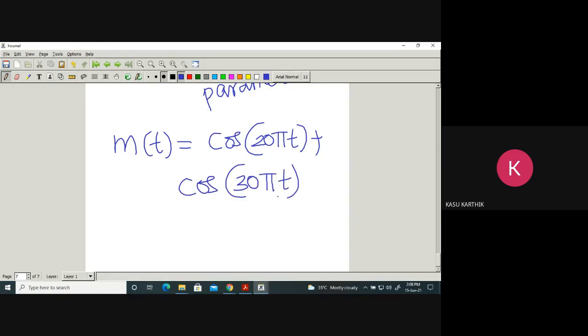How many frequency components are there? Two. So this is an example of a multi-tone signal. It has two frequency components: this is 10 Hz and this is 15 Hz.